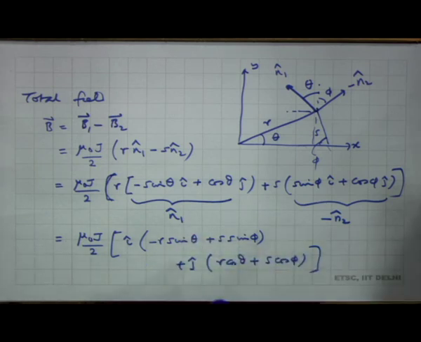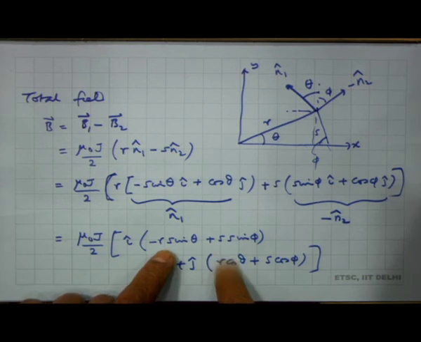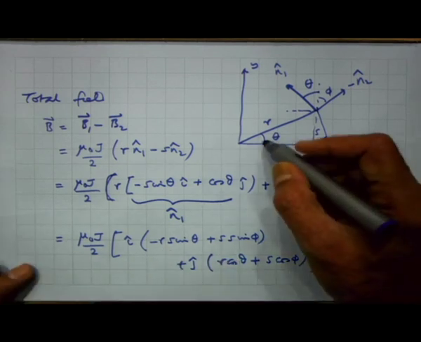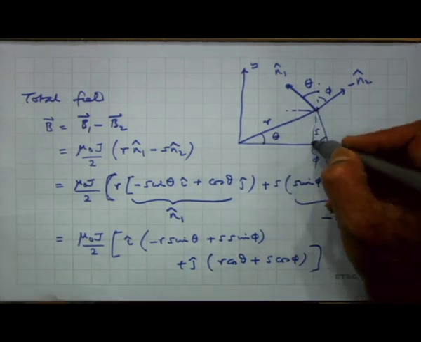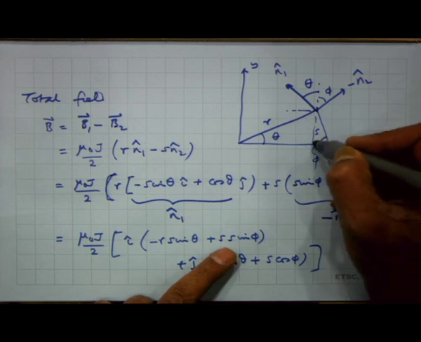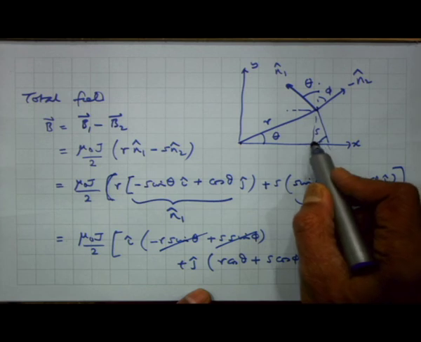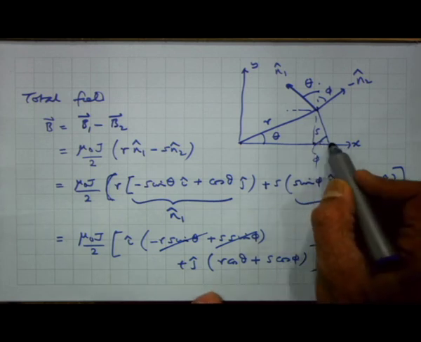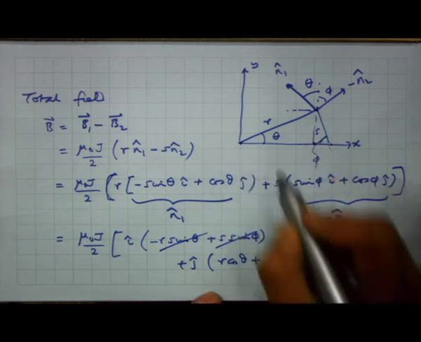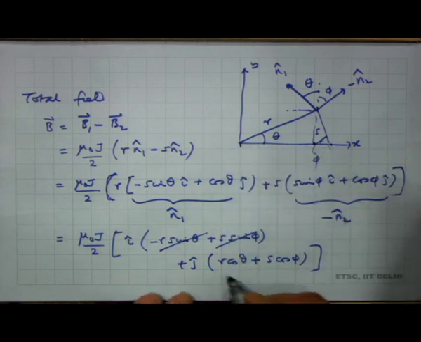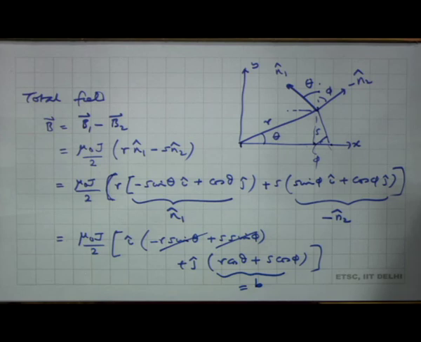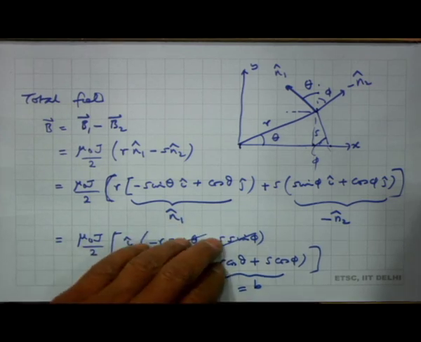Okay, so I have combined the i cap terms and the j cap terms and I get these two. So, you can see here r sin theta, this is also theta. So, r sin theta is this length and s sin phi is also this length. So, these two cancel off, r cos theta is this distance, s cos phi is this distance. So, r cos theta plus s cos phi is the distance from here to here, which is nothing but b, the distance of the center of the hole from the center of the axis of the conductor.